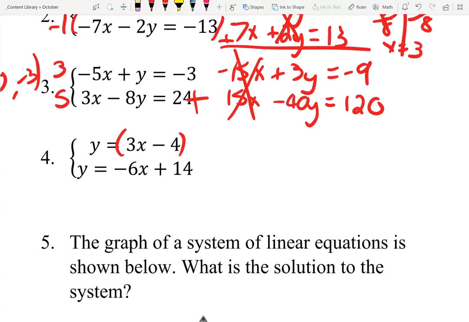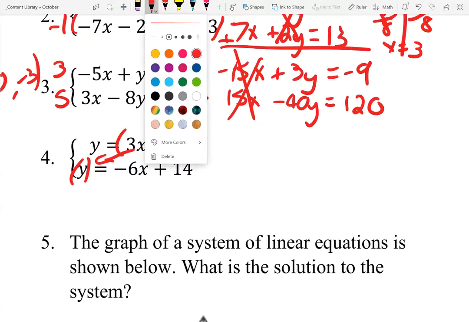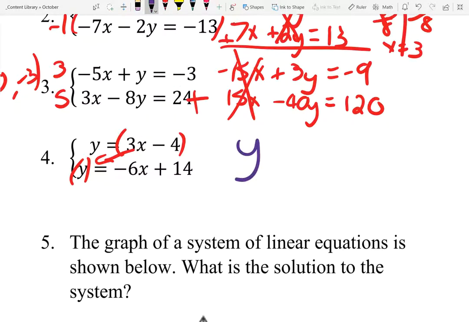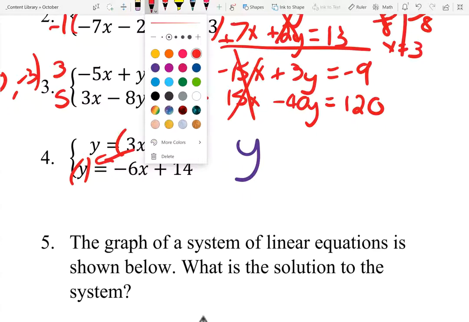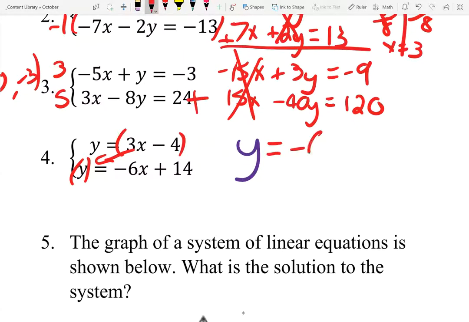So just like I did on the first example, I'm going to take this and plug it in to the y in the other equation. So you see right now I've got the equation y equal to negative 6x plus 14. But I'm going to plug this 3x minus 4 in for y.